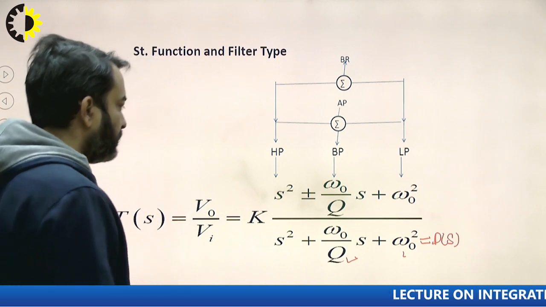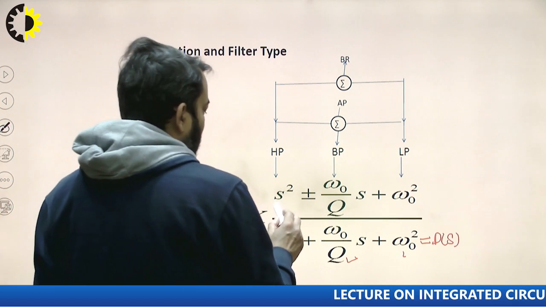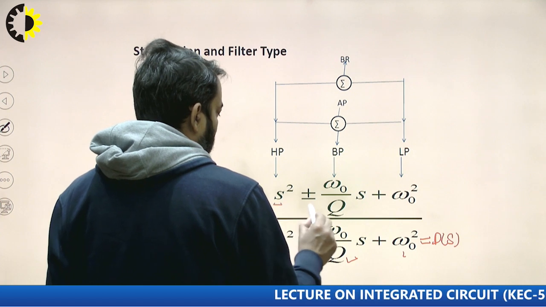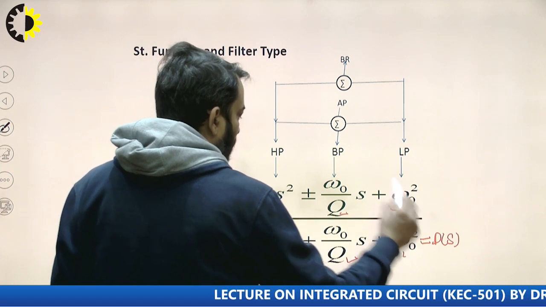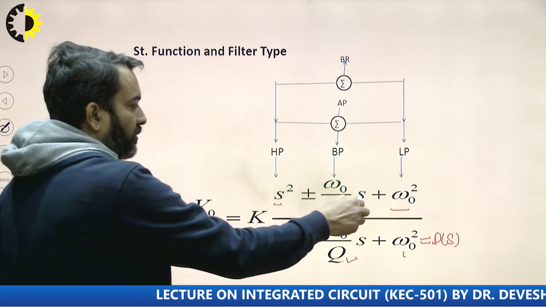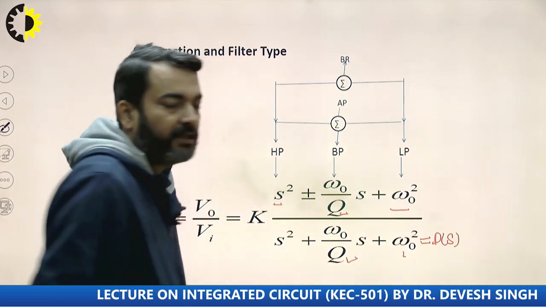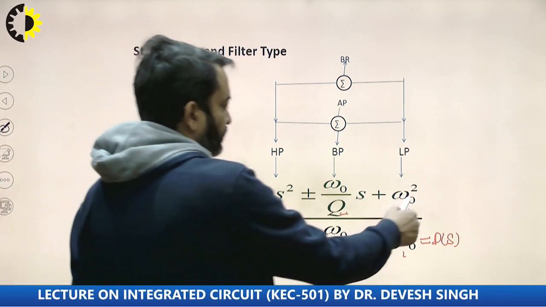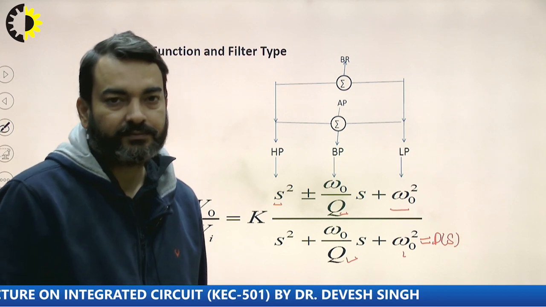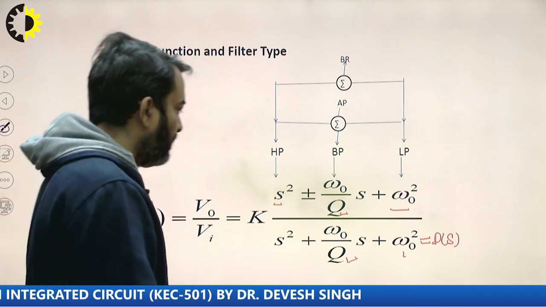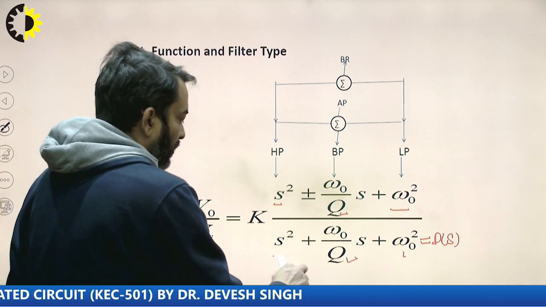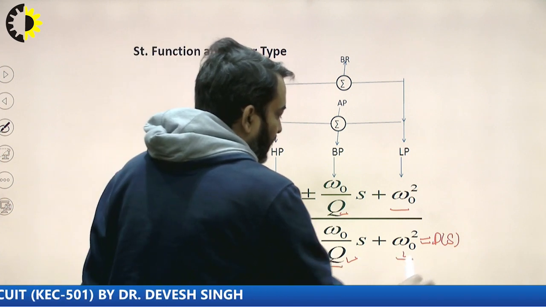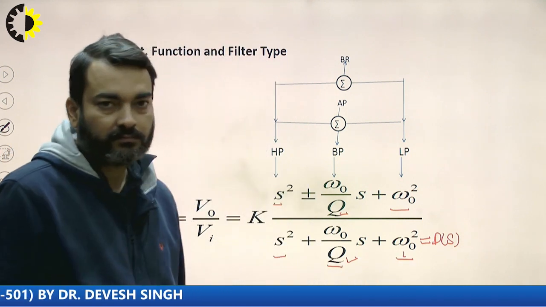So now we have 3 terms in the numerator: s square, s term, and there is no s term, or we will say simply omega naught square. So if we see, all these terms are replicated in the numerator also.